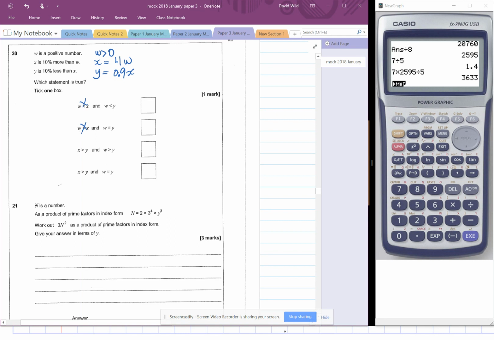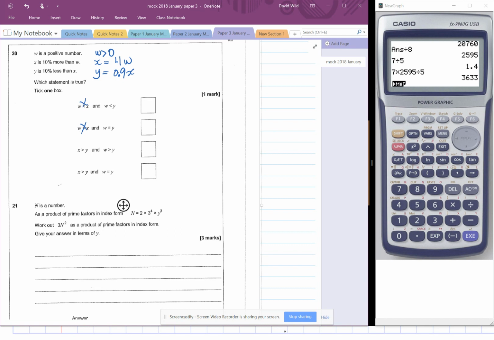Is X greater than Y? Well, W is positive, so we have a positive value. If we multiply a value by 1.1, it's going to be bigger than if I multiply by 0.9. So is X bigger than Y? Yes, that must be true.